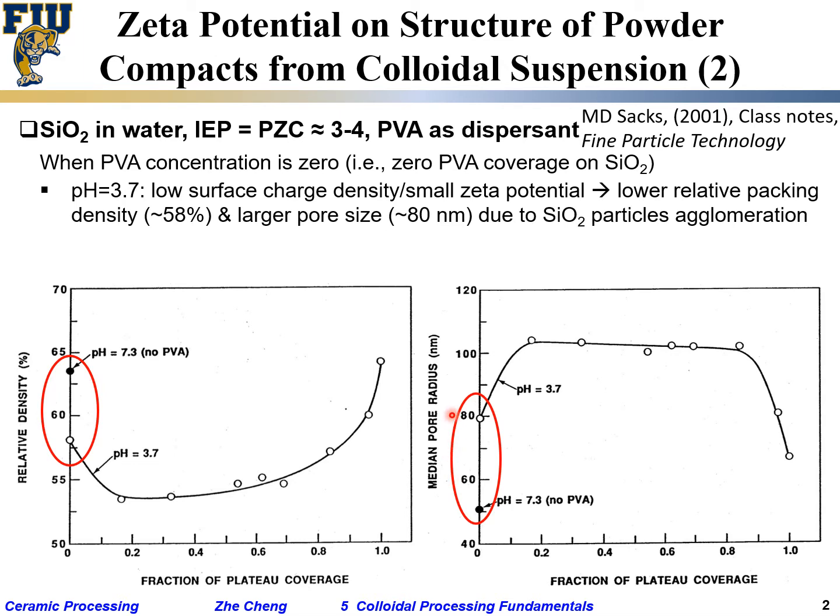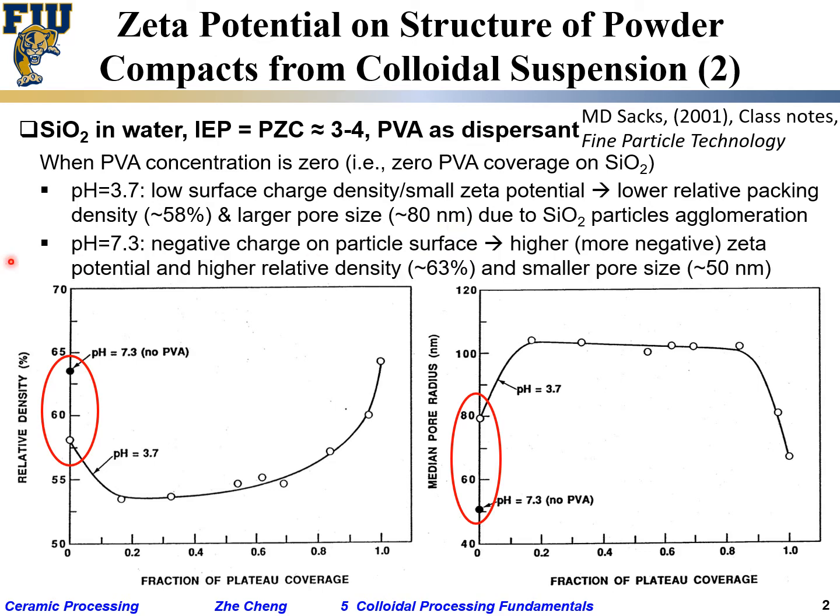Make sense? When I put my suspension in this slightly acidic condition, my particles are not covered by charge, and as a result, it packs less dense because particles can easily come together, quickly sediment. It packs less dense, and between particles, the pores are bigger.